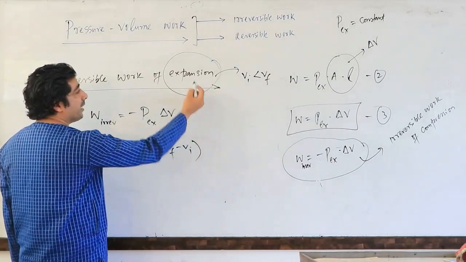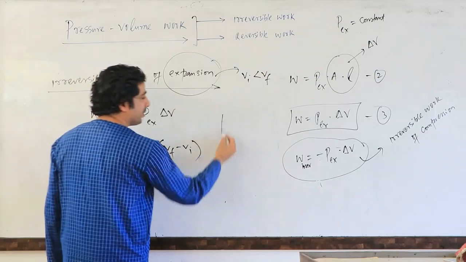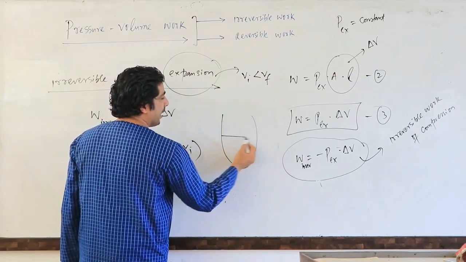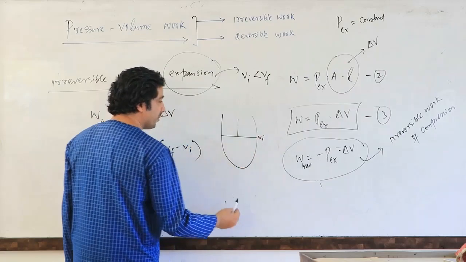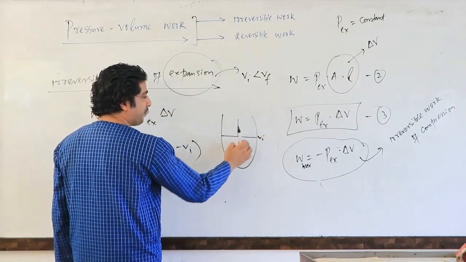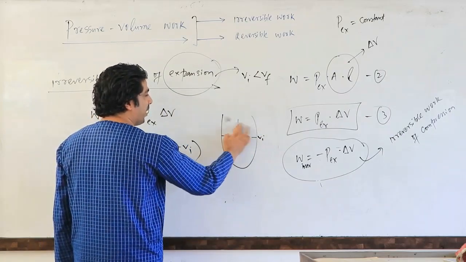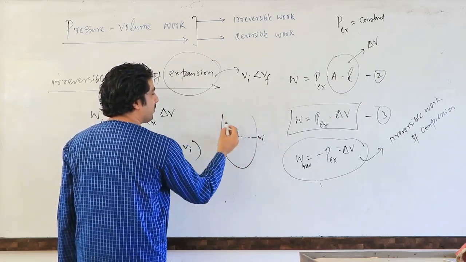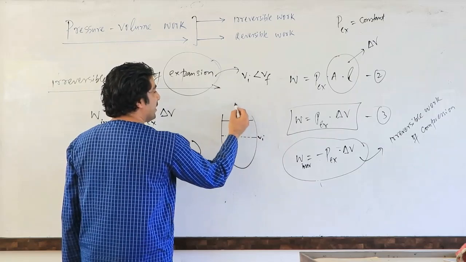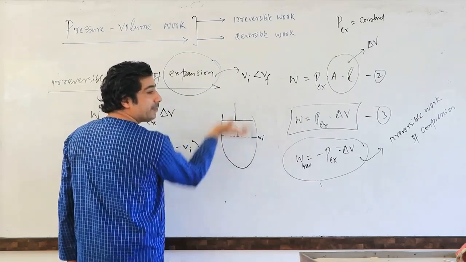And I told you, when there is an expansion of gas, let's suppose this is the initial volume, and when this gas expands, the piston will move a little bit up, because the gas is actually expanding.